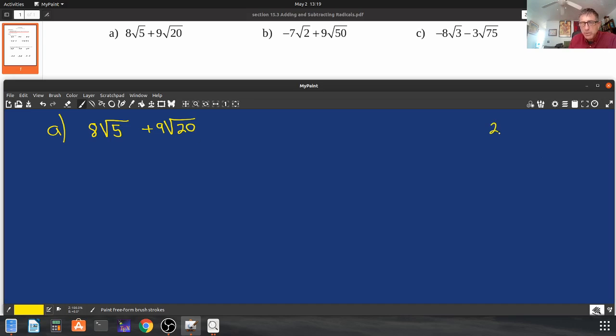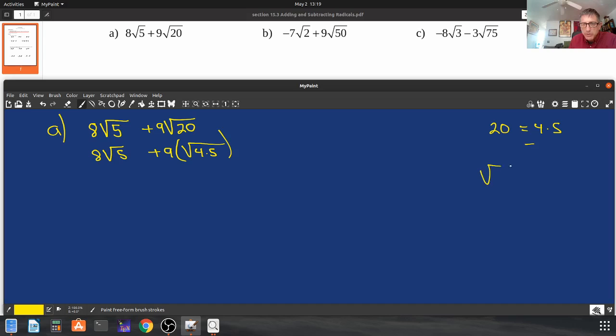So let's look at 20. 20 is equal to 4 times 5. So let's look at 20 now. That way, 9 times the square root of 20, which is the square root of 4 times 5.